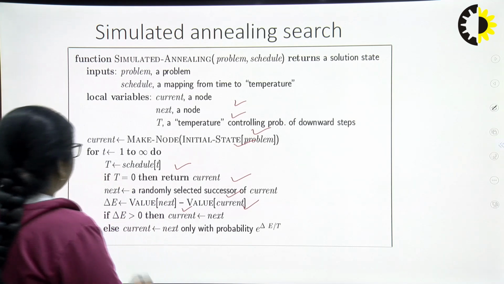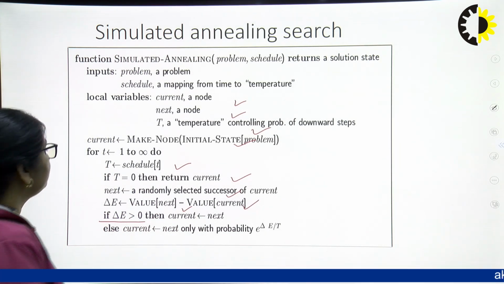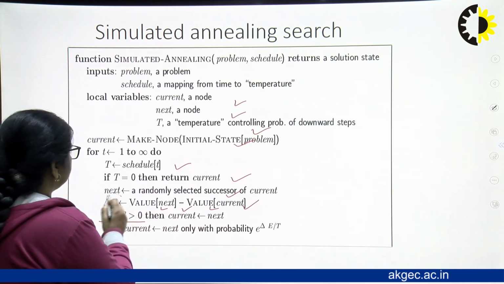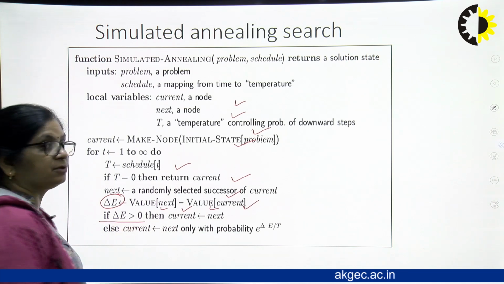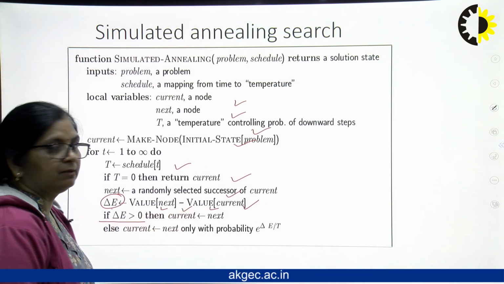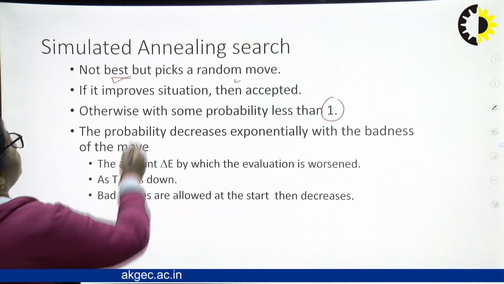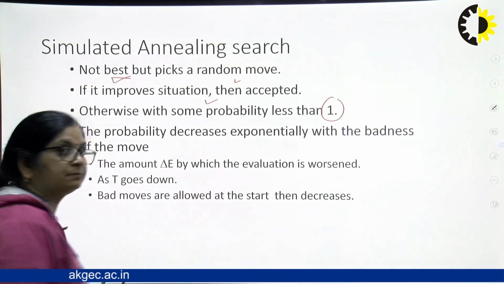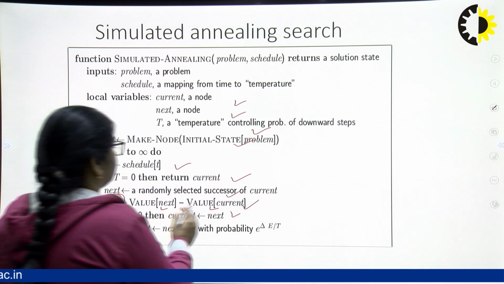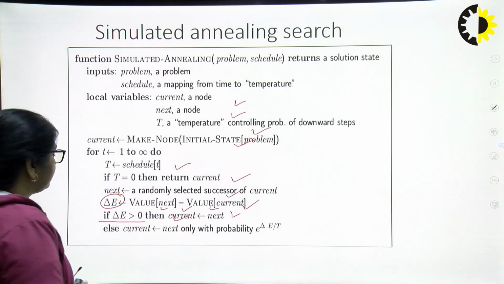The next state is better. If the value of next state minus the value of current state is delta E, and delta E is positive, it means the next state is better than the current state. So if it improves, then select it. If the next state is better than the current state, we will move to the next state.